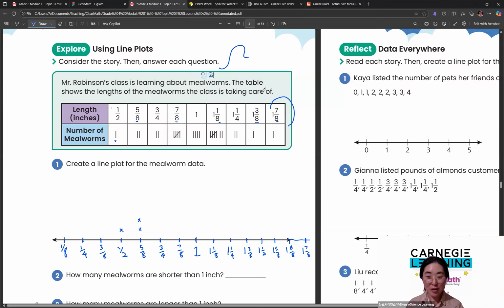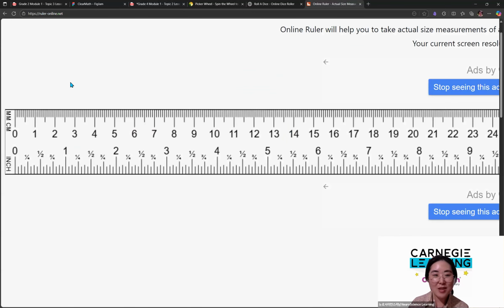So this class is growing mealworms, and they have these lengths. So they're actually really small, right? We have 1/2 inches to 1 7/8. So the length will be about from this long to 1 7/8, which will be about here. So the mealworms are between this long to this long.